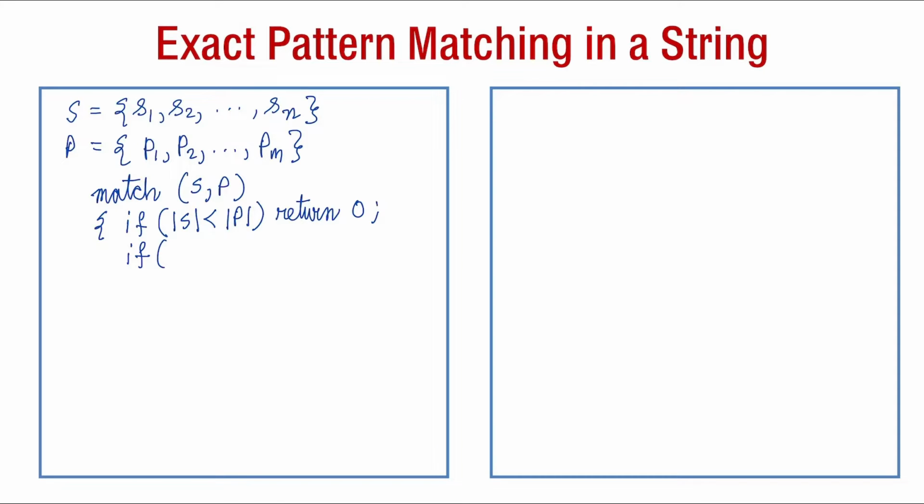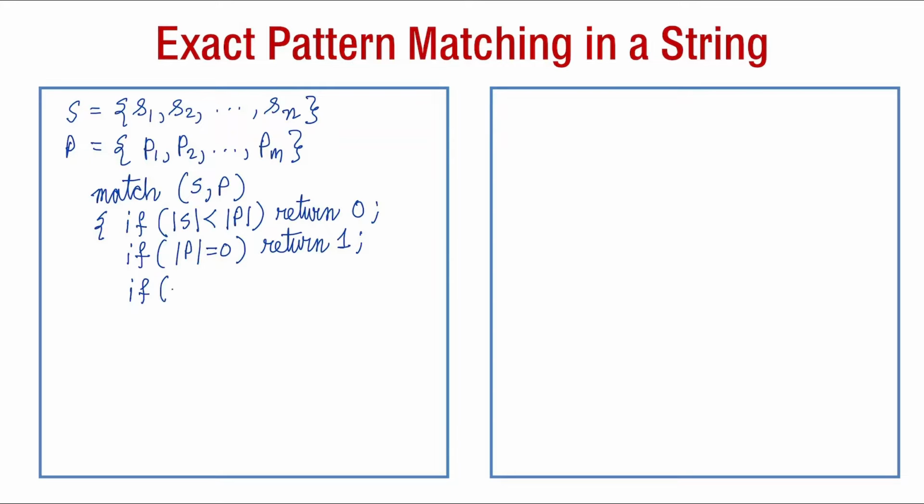Since we are checking sequence by sequence, if P has become empty, then we say that we have succeeded in finding a match, because we have completed all elements of P and found some match in S. Otherwise, we check the first instance.